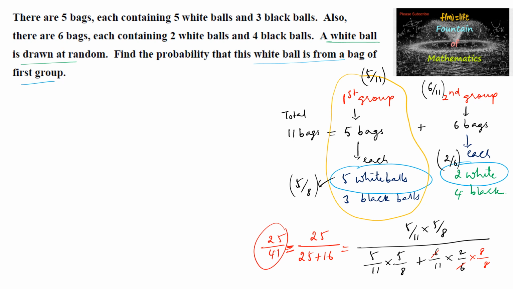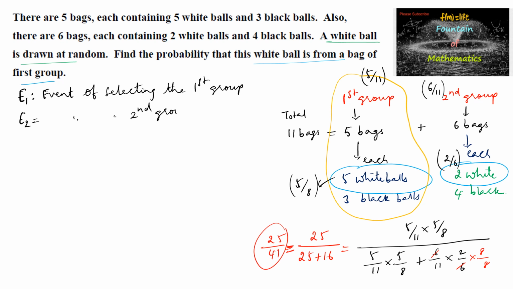Or if you want to write the steps here, we need to consider E1 is the event selecting the first group, and E2 is the event of selecting second group. So the probability of event E1 is, total number of bags is 11, so probability of E1 is 5 by 11. Probability of event E2 is 6 out of 11.